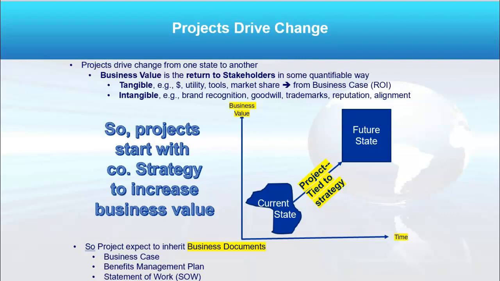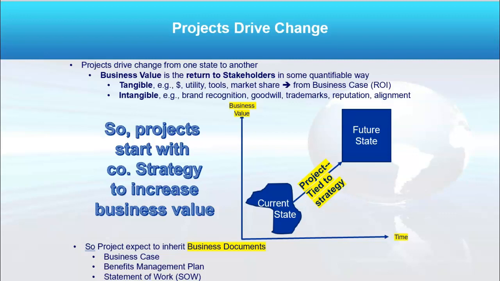So, the challenge is, every project we do is looking to derive business value, right? Sometimes it's tangible, sometimes it's intangible. But basically, we're looking to change the current state in the bottom left to some future state. So your project is always tied to the corporate strategy, right? And it's one of the things we want to know.